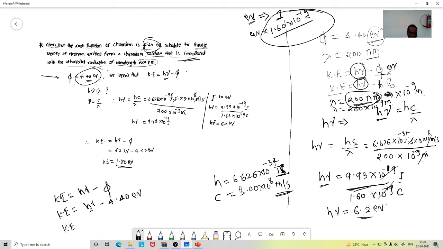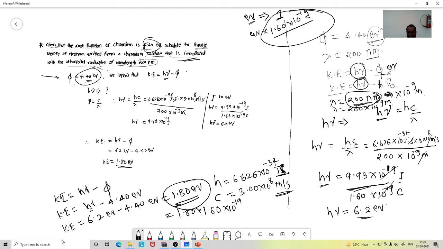Therefore, kinetic energy is equal to 6.2 electron volt minus 4.40 electron volt, that is equal to 1.80 electron volt. Now, this electron volt value can be converted again into the joule, that is equal to 1.80 into 1.60 into 10 raised to minus 19 coulomb.